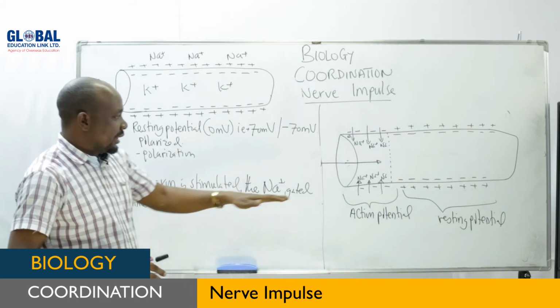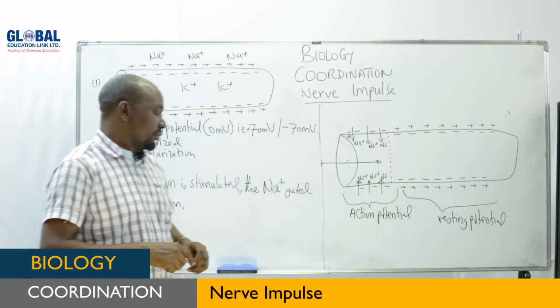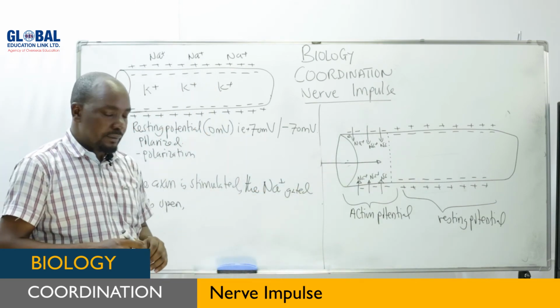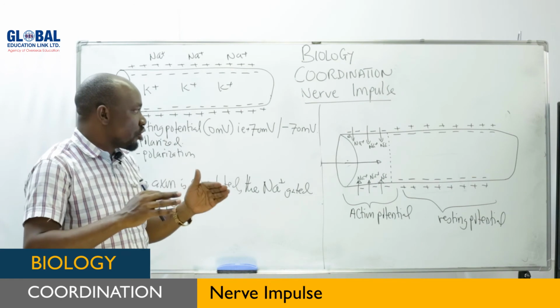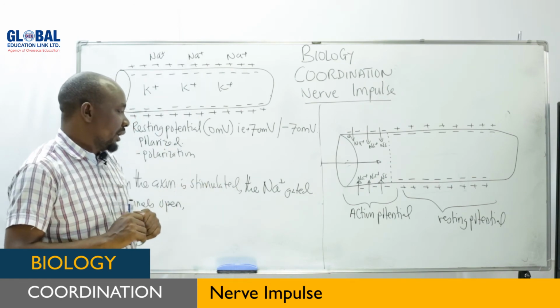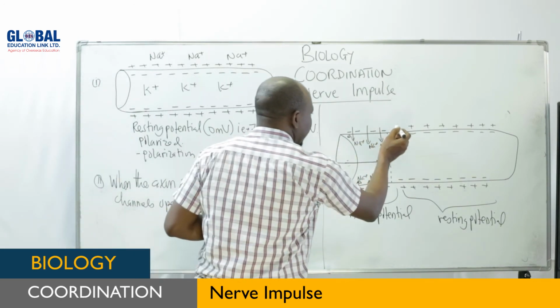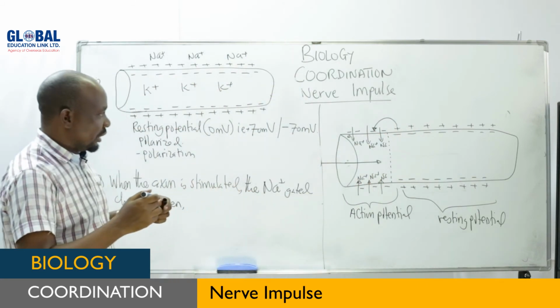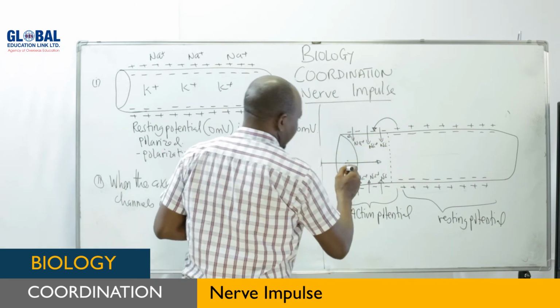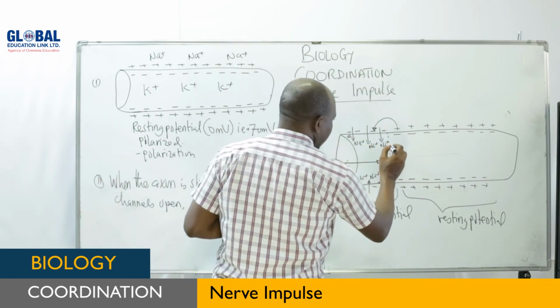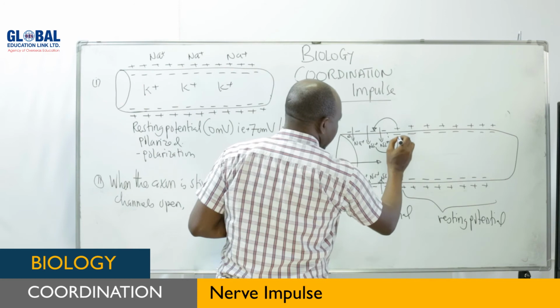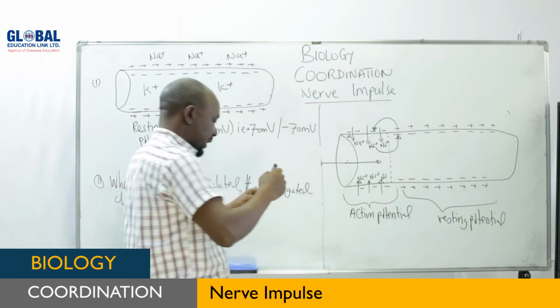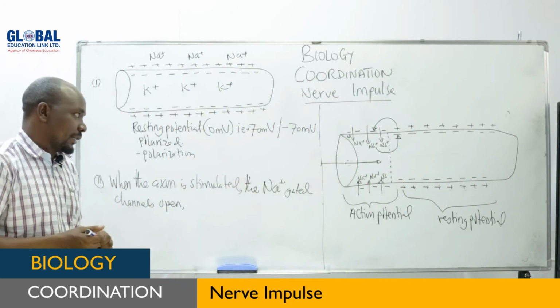Therefore, the change of these ions creates the so-called local circuit. The local circuits are built between the ions. So the positively charged ions and the negatively charged ions create a local circuit.